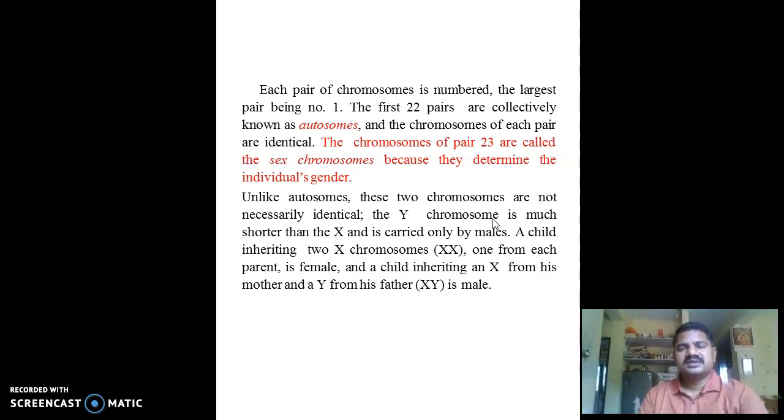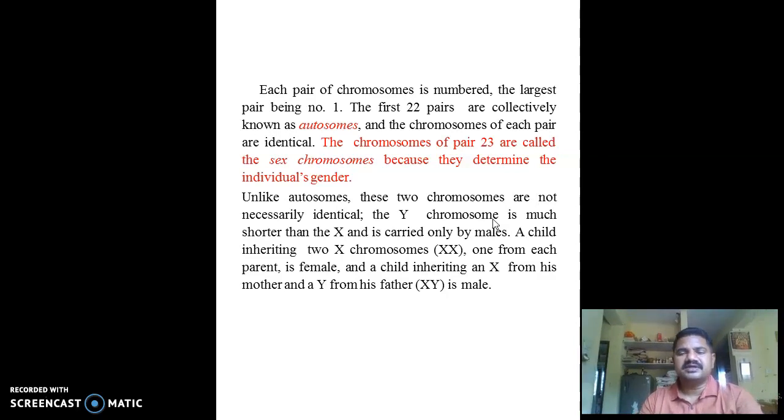Now this 23rd pair may not be identical. The other 22 pairs are identical. They have the same chromosomes, but the 23rd pair may have different chromosomes, that is it may contain XX or XY. So the person having XX in the 23rd pair will be a girl, and the person having XY in the 23rd pair will be a male or a boy.